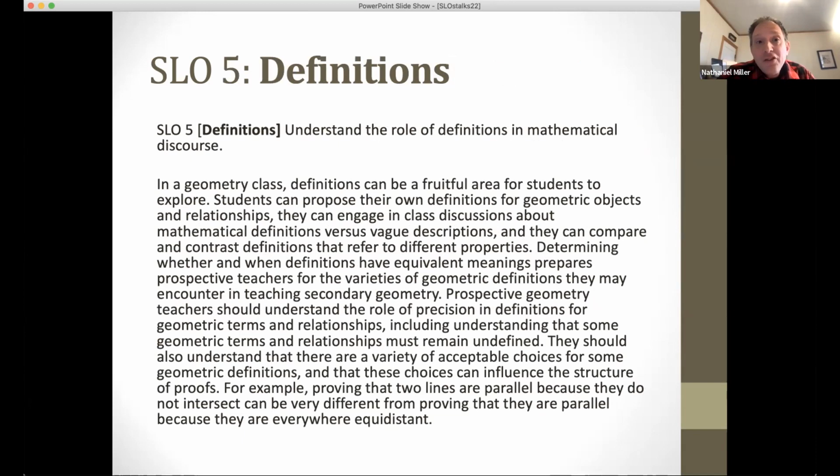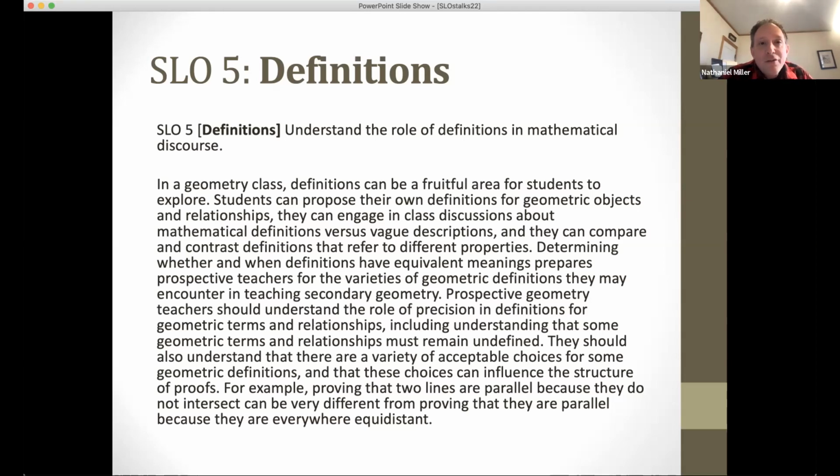Definitions are, again, something that we think is very important throughout mathematics, but is nice to discuss explicitly in a geometry course, where we could ask, what is the definition of a square? And then we could have different people come up with different definitions, and we could compare and contrast them. We could look at what you might be able to prove from different definitions.